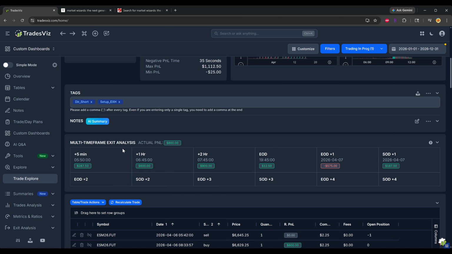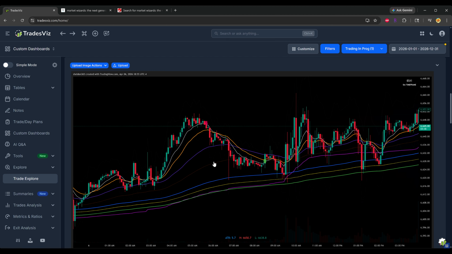You could just dump the entire thing through AI as well, and it would help you identify gaps in your processes.